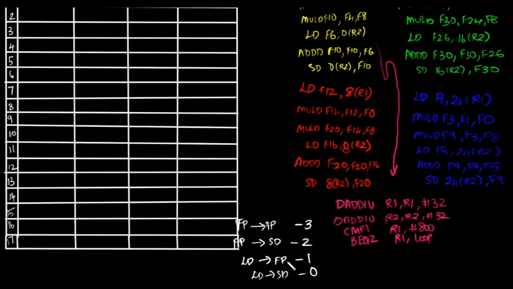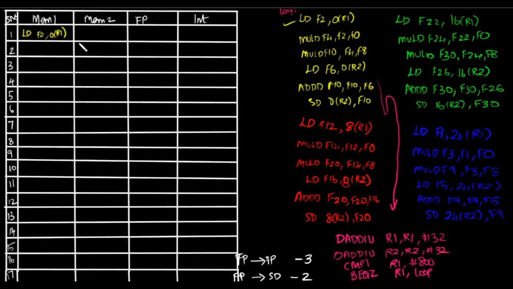Load produced and used by FP is 1 clock cycle, so we have to make sure one stall is given to fill this one. So multiply F4 comma F2 comma F0.